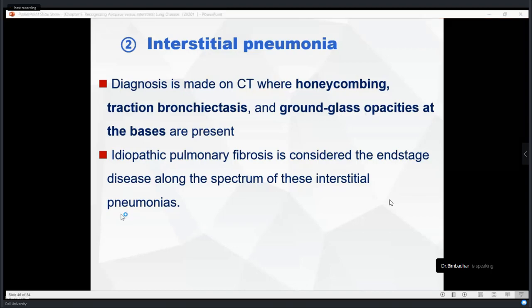When you break glass, the broken pieces have a certain kind of appearance. Let me share the picture with you, how it looks. It is a typical pattern that is seen in every interstitial lung disease. Look at this image I have just shared.